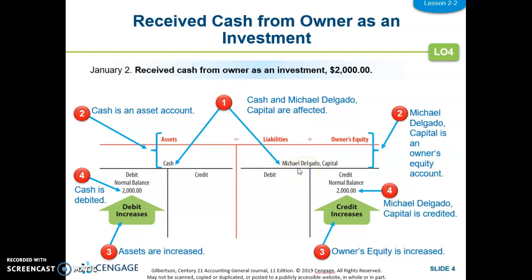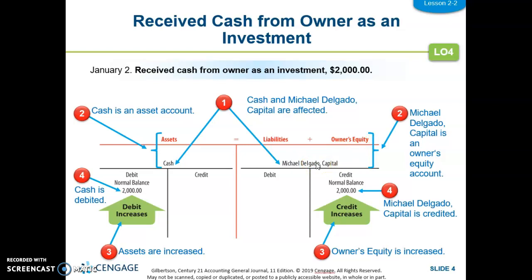The second question is how is each account classified? Cash is an asset, and Michael Delgado Capital is an owner's equity account. And the third one, how is each classification changed? The asset is increasing, and the capital account is also increasing. And so how is each amount entered into the accounts?